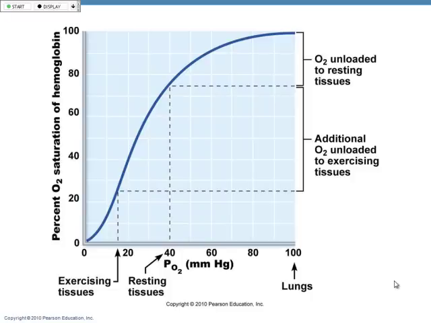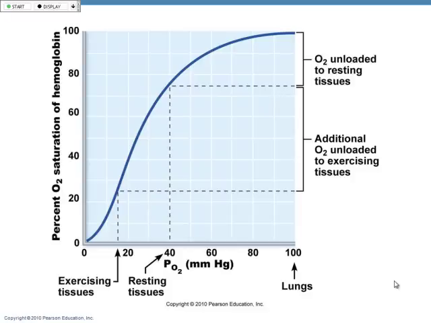Yeah, those partial pressures. So I have to have incentive to get off the ride. I have to have a pressure difference in order for me to leave the hemoglobin molecule and go into the tissue level. So this is a hemoglobin saturation change as blood PO2, what's that? Partial pressure of oxygen changes.